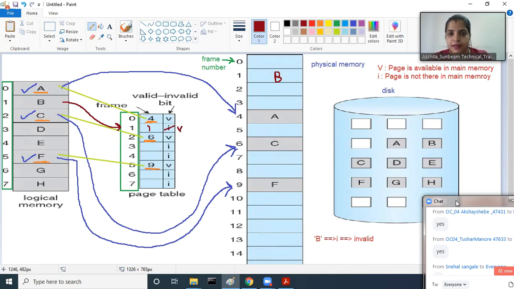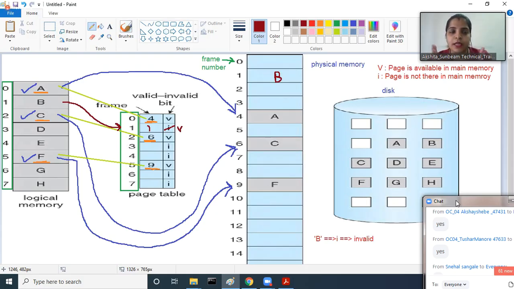It means that if the next page is demanded, say I wish to execute process B, the operating system will first check the page table entry. If the page table entry is invalid, it means the page is not available in the main memory. I have to bring that page B from the logical memory to the physical memory. Assume my operating system has given page B frame number 1. So it will first put that entry into the page table and make that I bit a V bit.